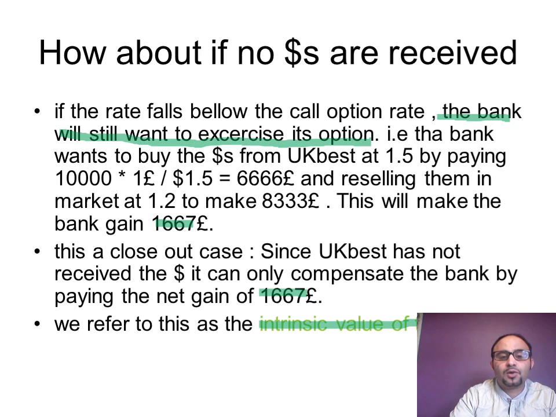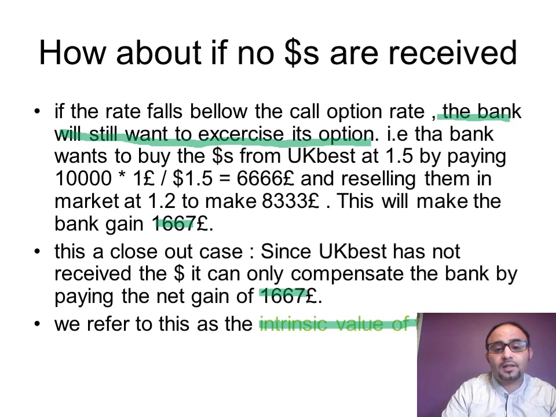Which means that the bank wants to buy the dollars from UK Best at 1.5 by paying the 10,000 at 1.5. Making a payment of only 6,666.